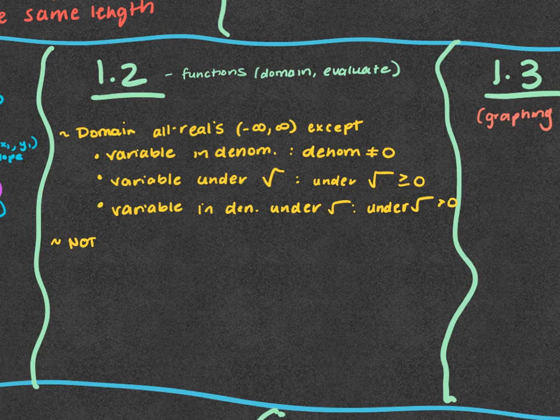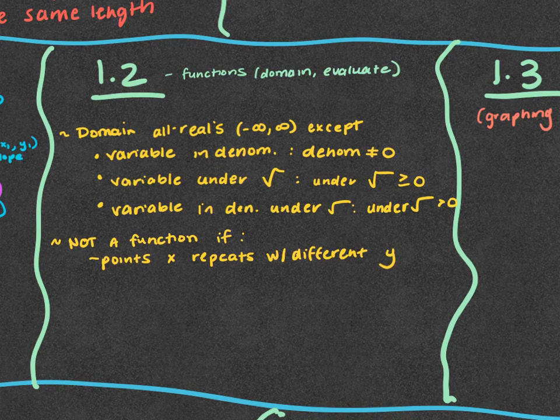Then it asks, is it a function based on points? X repeats. So if I'm looking at points, the x can't repeat with a different y.